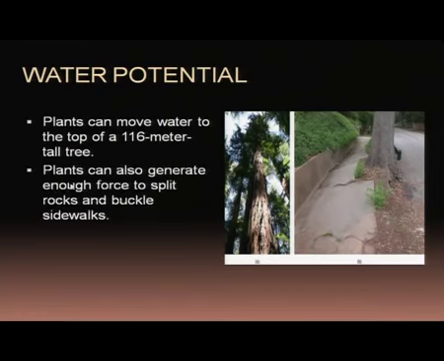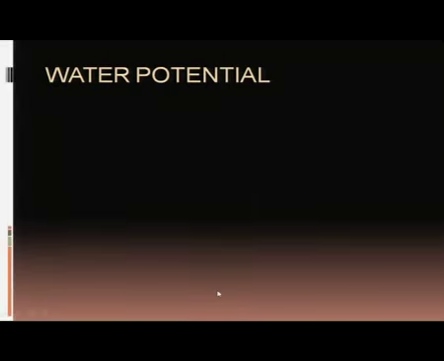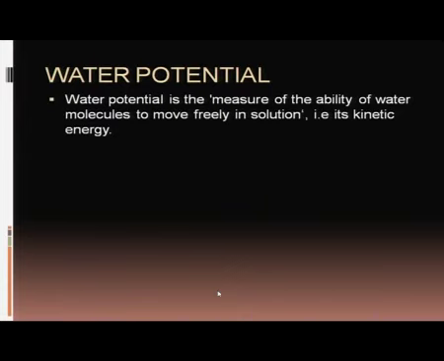How? Plants can also generate enough force to split rocks and buckle sidewalks, as we can see in this picture. The question is, how is it possible? Well, they use only the basic laws of physics and the simple manipulation of potential energy and hydraulics to carry out these functions. Let us see what happens.